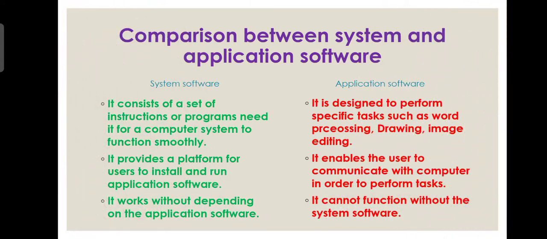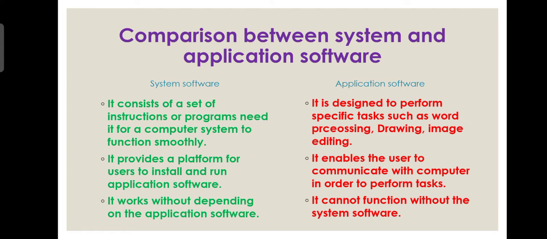So now let's see the comparison between the system and the application software. First let's study the system software. It consists of a set of instructions or programs needed for a computer system to function smoothly. Now what is the application software? It is designed to perform specific tasks such as word processing, drawing, image editing, right?